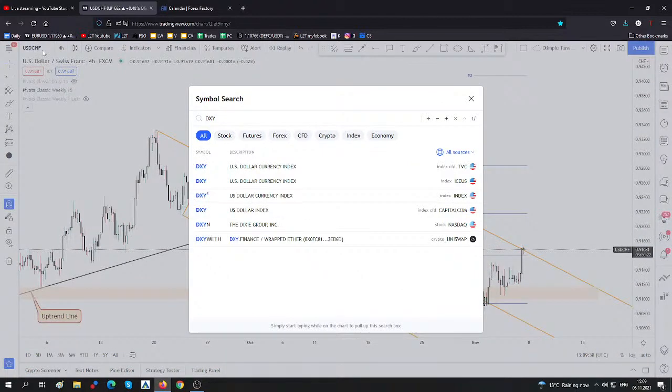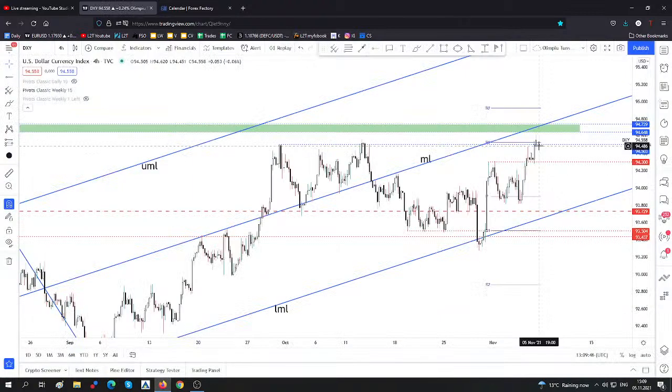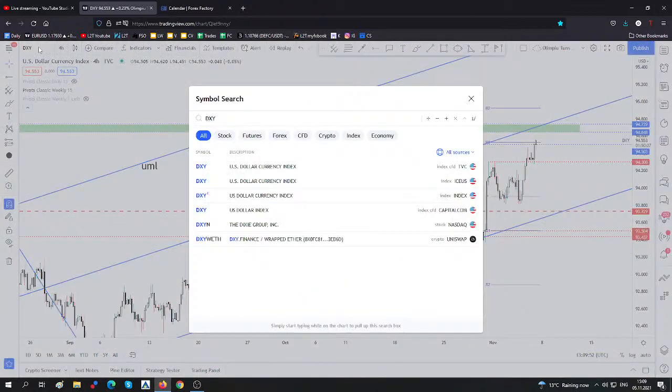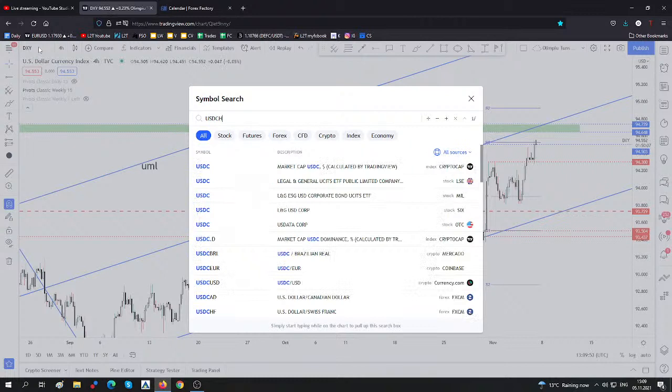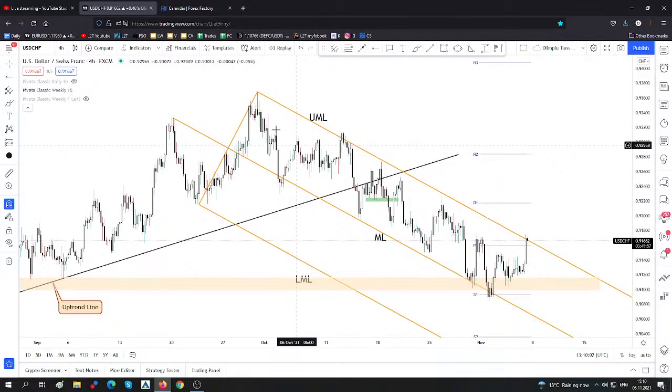So if the dollar index will maybe take out these resistance levels, if it will jump higher towards fresh new highs here, then the US dollar versus the Swiss franc will develop an important upside movement. Actually it will have something like a bullish reversal here after this correction, retreat, downside movement.